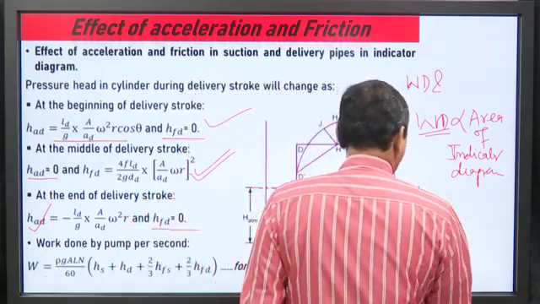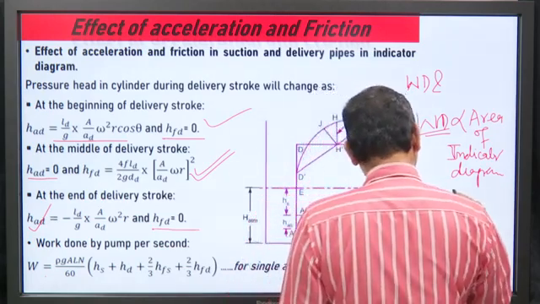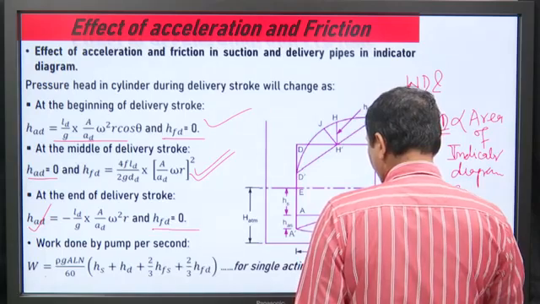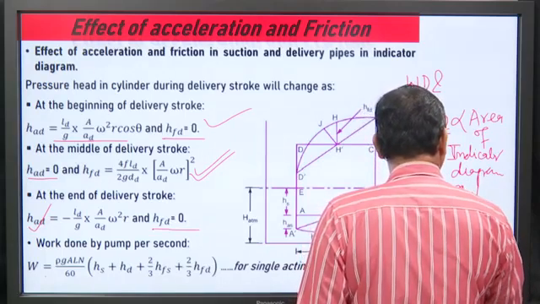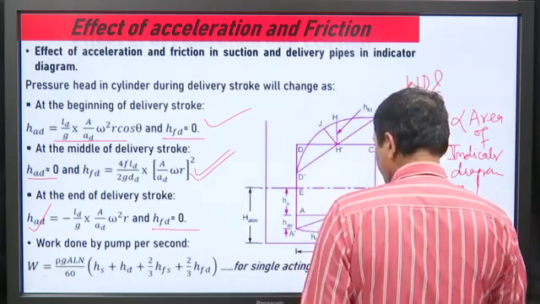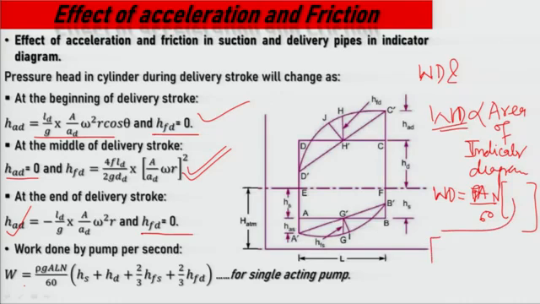What is the area of the indicator diagram? So, the work done is equal to constant k, and what is the value of constant k? Rho a l n upon 60. So, in place of rho, it becomes rho g a l n, then in the bracket, this is hs, because what is the area?